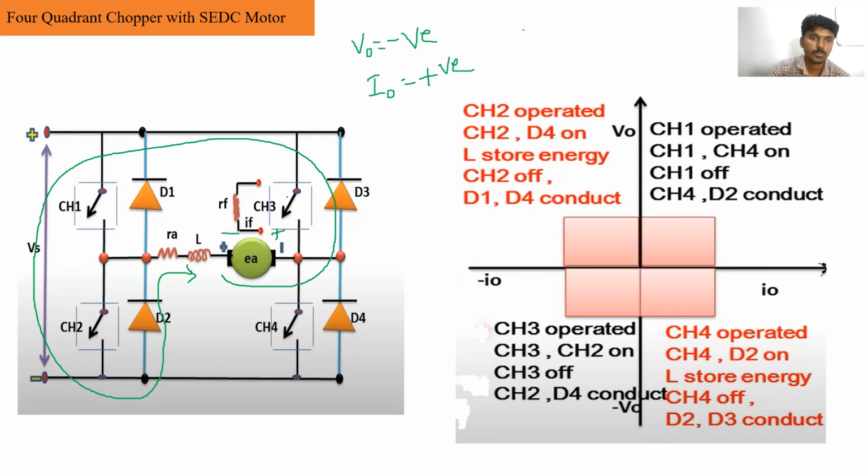So in which quadrant will it operate? Output voltage is negative and output current is positive. In which quadrant does it operate, please? Second. Output voltage is negative. Fourth.